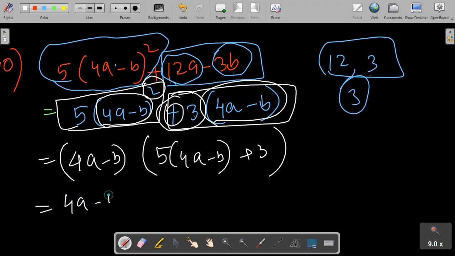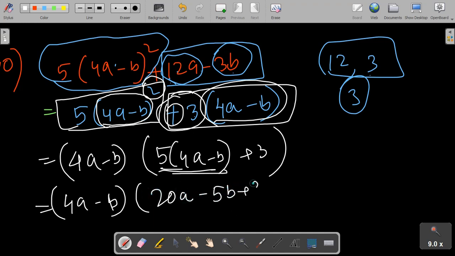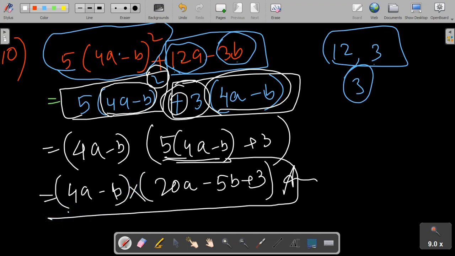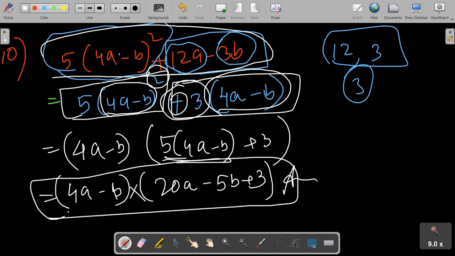Now you can do a very simple simplification: 5 should be multiplied with the terms, 5 into 4 is 20a, and minus 5b plus 3. This would give us the final result of the factorized part. In the factorized part you get a product form. This is called the factorized part, and it is called the simplest or simplified form.